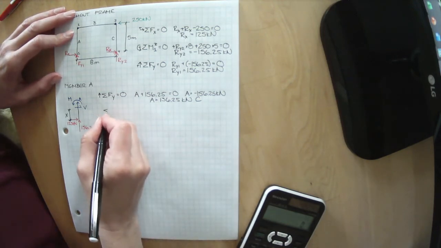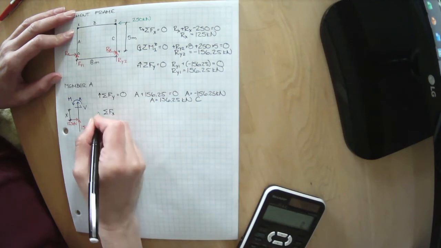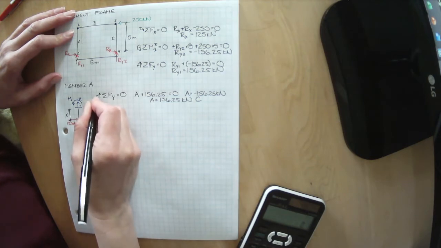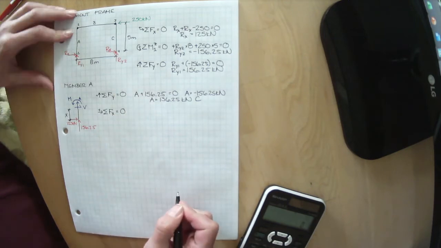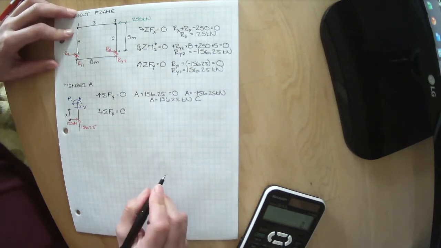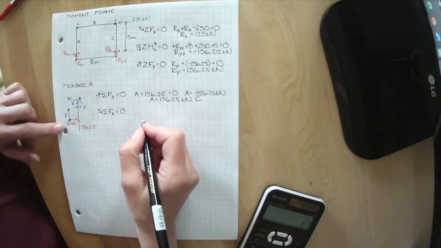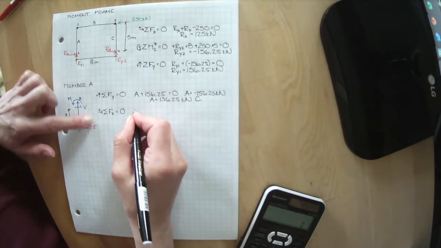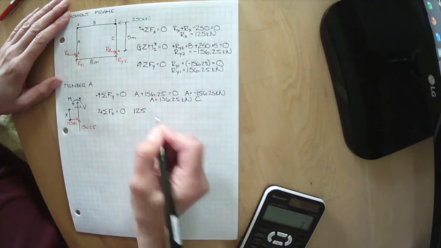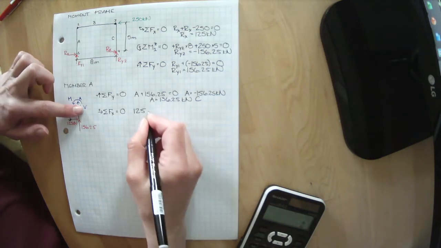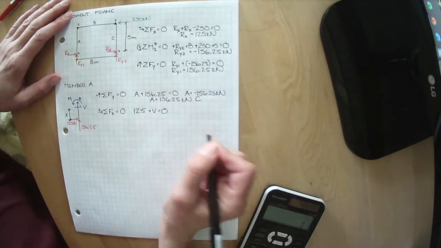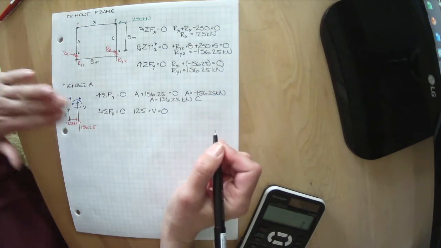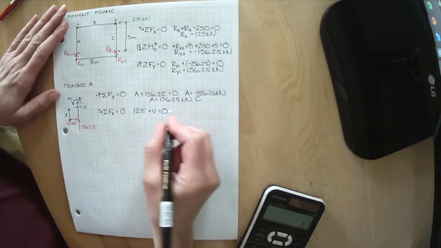Let's sum our forces in the x direction, with everything going in that direction being positive. And we want to know what it takes for this system to be in equilibrium. We've got 125 kilonewtons going in the positive direction, and we've got our unknown shear going in the positive direction. And it looks like that's all we've got going in the x direction.